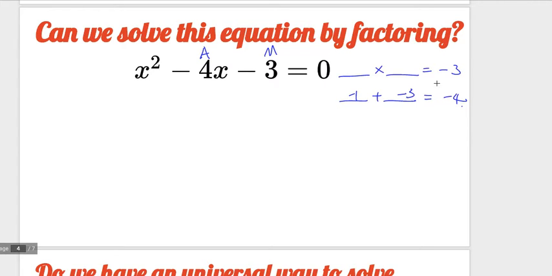However, when you multiply them, it's not going to give -3. If you try a little bit more, you will realize no matter how hard you try, you cannot find two numbers to make it happen. So that indicates factoring is not going to work on this kind of equation.